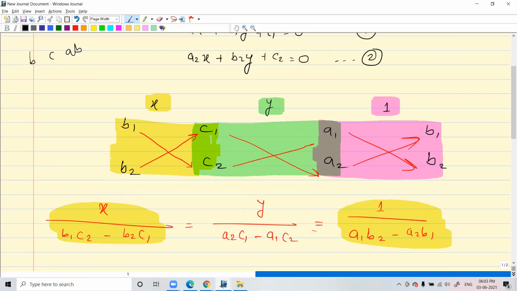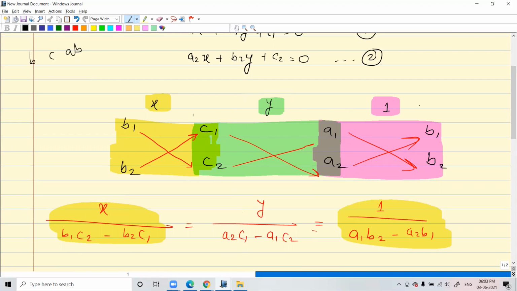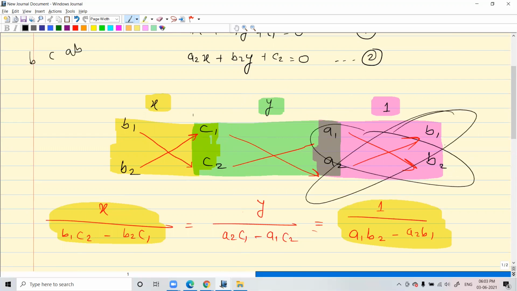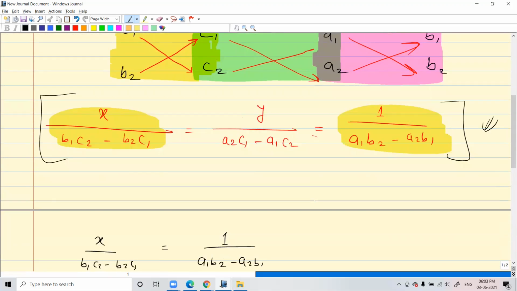Then you take this y and below that you write C1 A2, which I have written as A2 C1, and then C2 A1. And the last one is 1 by A1 B2 minus A2 B1. So these three ratios, is it clear? Confirm up to this step, everyone is okay? Yes, sir.